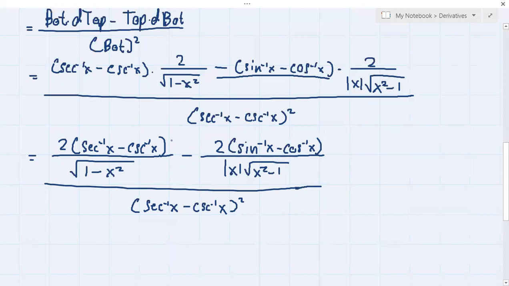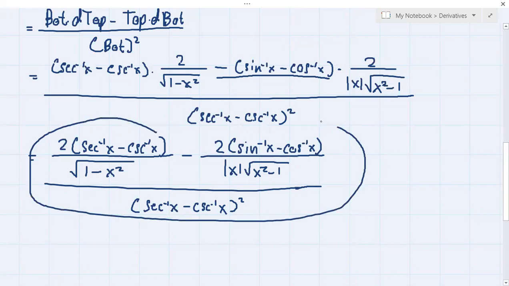para hindi na tayo mahirapan pa, there's another way to simplify this answer. Okay? Para hindi tayo magkaroon ng isang fraction na simplified pero mukhang namang siyang complicated. Okay? So dito sa whole expression na to, pwede akong mag-factor out.